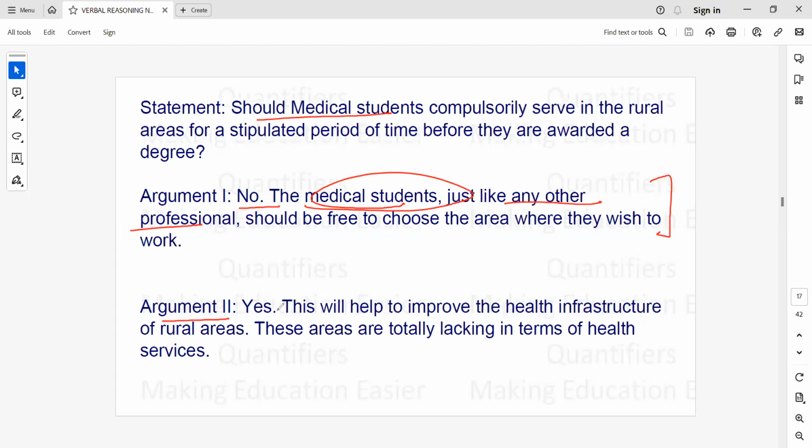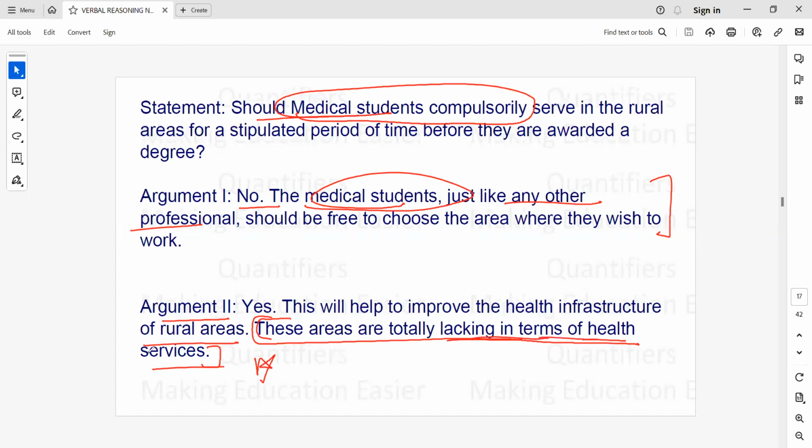Argument 2 says yes, this will help to improve the health infrastructure of rural areas. These areas are totally lacking in terms of health services. Now, this is also a valid answer, okay? The second line gives you good justification for why medical students should compulsorily serve in rural areas, because these areas are totally lacking in health services.